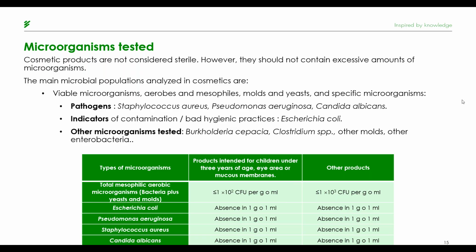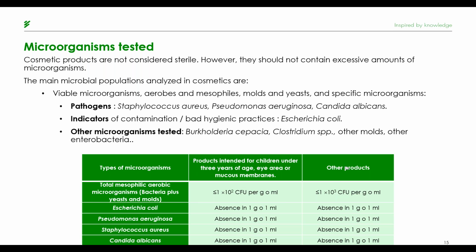The limits of detection are collected in the ISO 17516 and are the following. For products intended for use mainly for children under 3 years of age, to be applied around the eye area or mucous membranes, the limit of detection of mesophilic aerobic microorganisms such as bacteria, yeast, and molds is under 100 colony-forming units per gram or milliliter of cosmetic product.